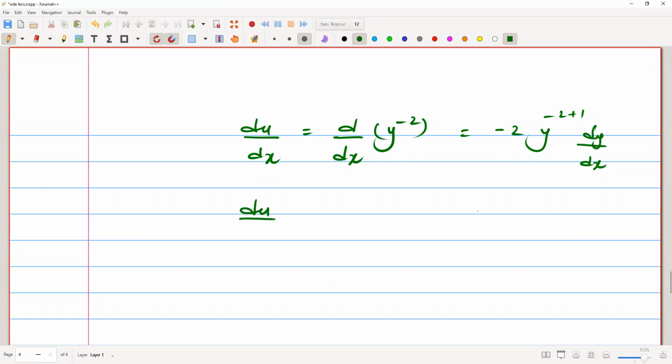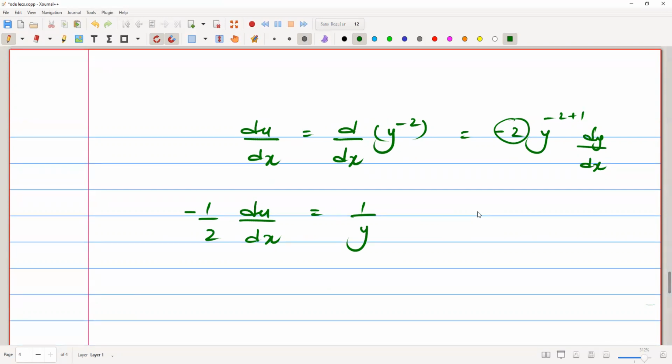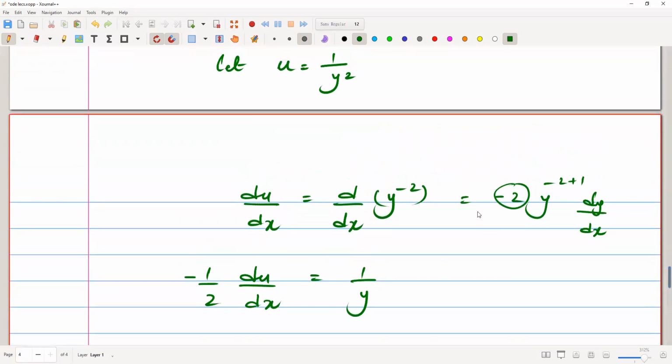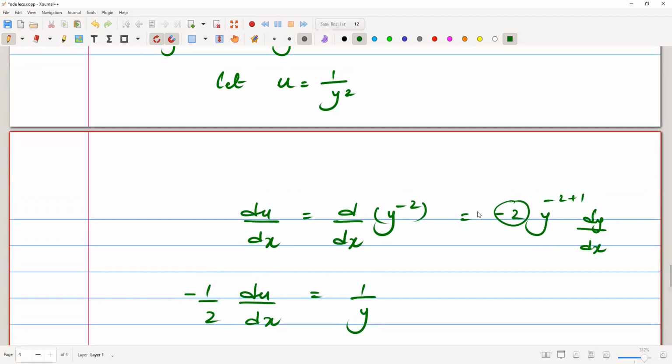So in this manner, here we have du by dx, and this -2 we can move here, so we'll get -1 over 2 du by dx equals to 1 over y to the power... I see that there is some mistake here.